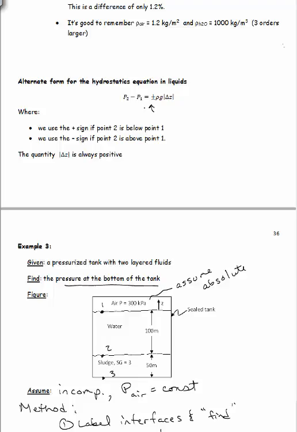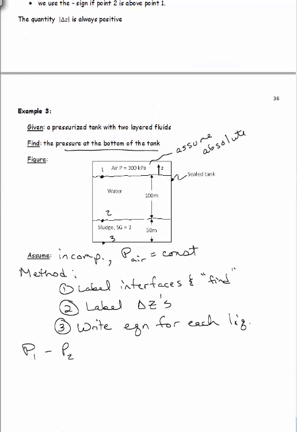This time I did 1 minus 2. Rho g is gamma. Let's rewrite that: gamma delta z. And what I'll do is just leave out the sign until I figure out what it should be. Equals gamma. And the gamma we're talking about, 1 to 2, is water. And our delta z is 100 meters.